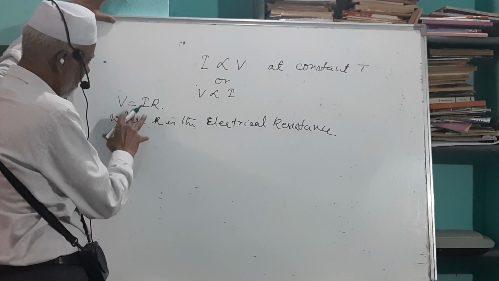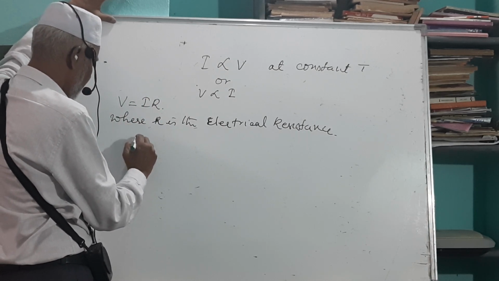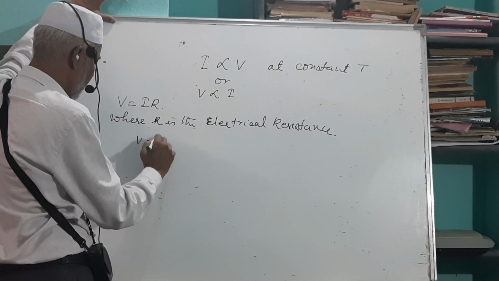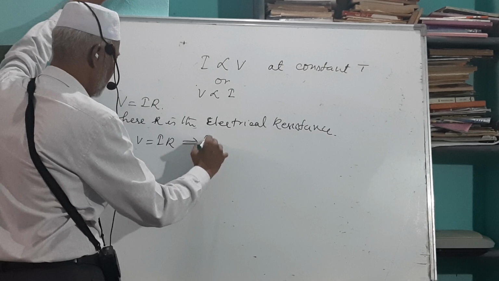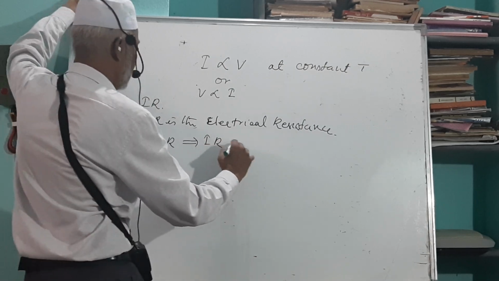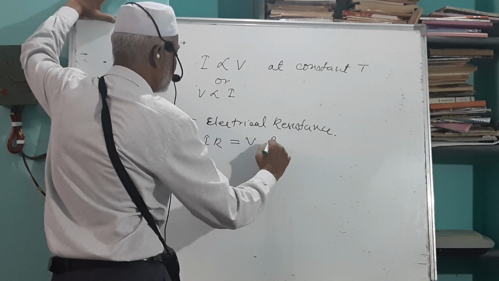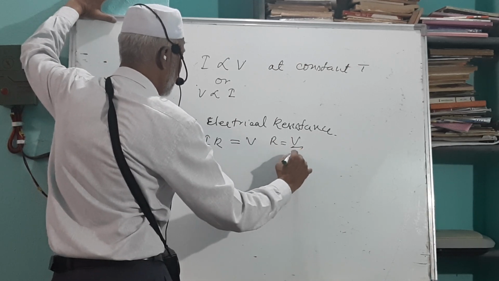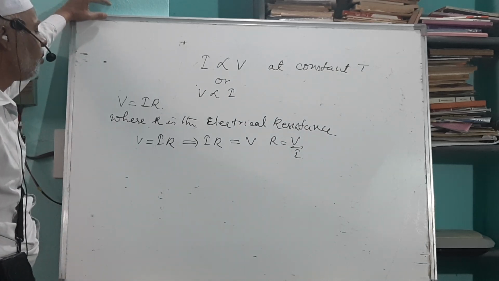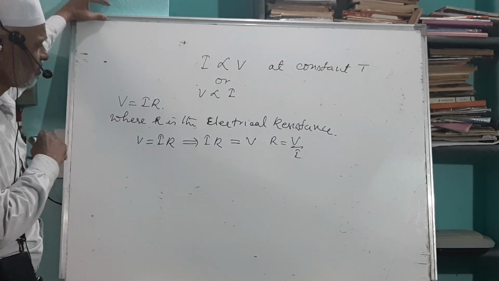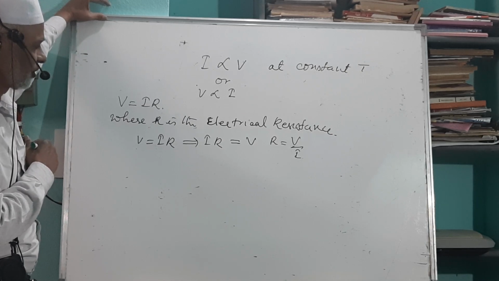On analyzing Ohm's law, we see that V is equal to I into R. We can write this as R is equal to V upon I. This form of Ohm's law is very useful in order to define the resistance.